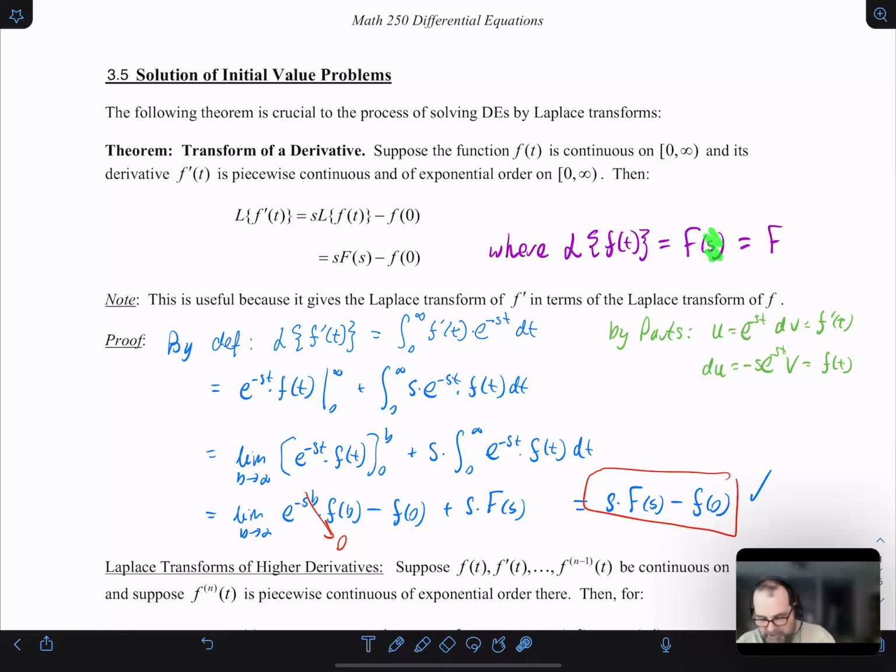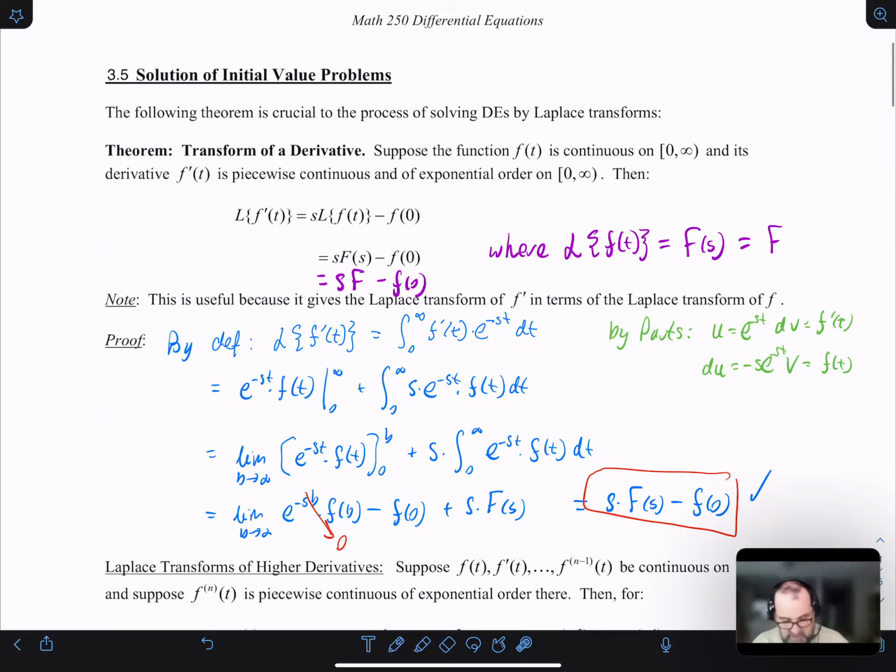This is not a product of F times s. So it is actually practical to suppress the function notation and write this without it for now, so that this is really just s F minus f of 0. Again, this is actually the result.